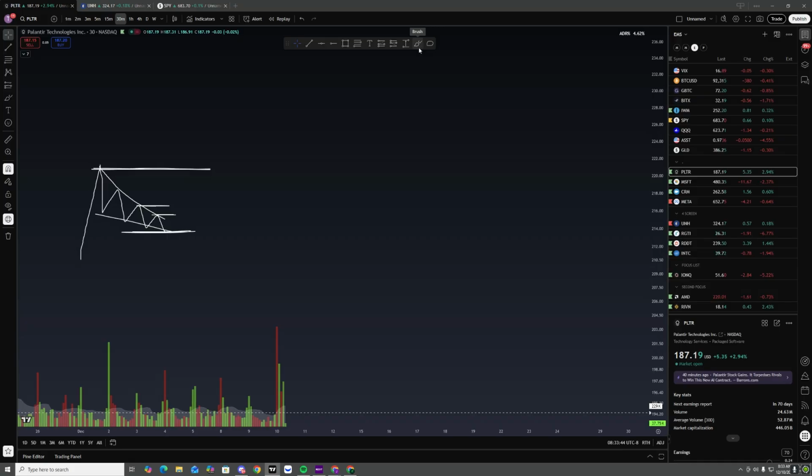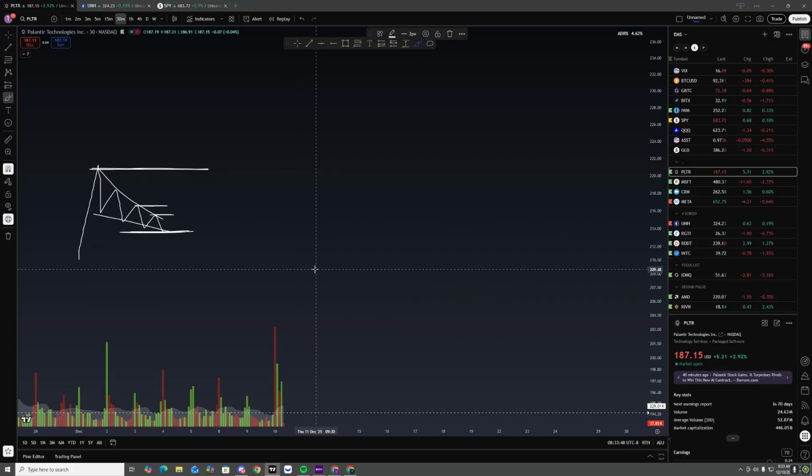And then we have the pennant, which is we have our move up, and we have our higher lows and lower highs, right? So it'll look something like this, as price is coming together, compressing.